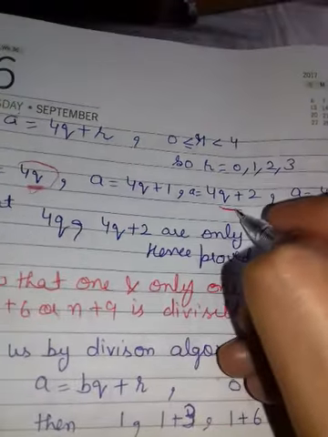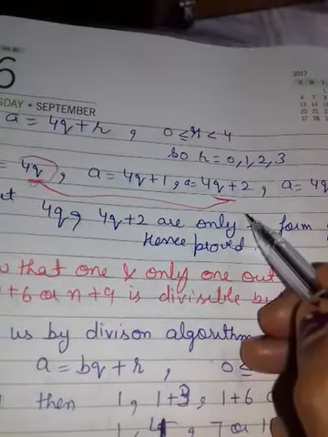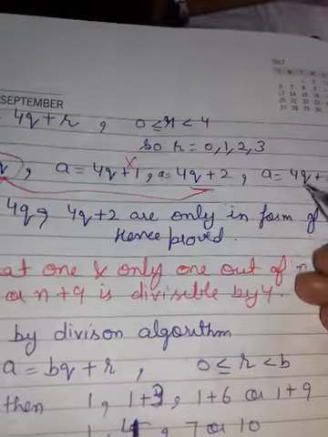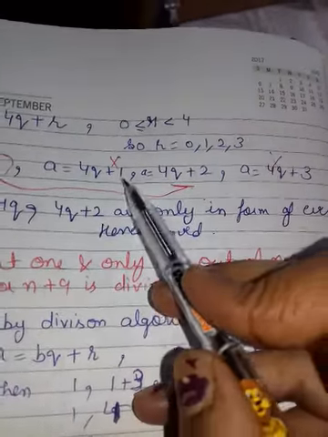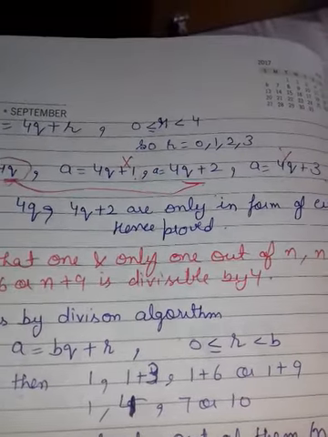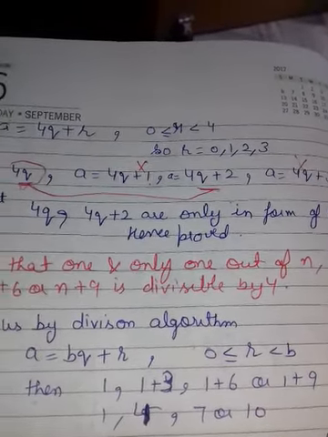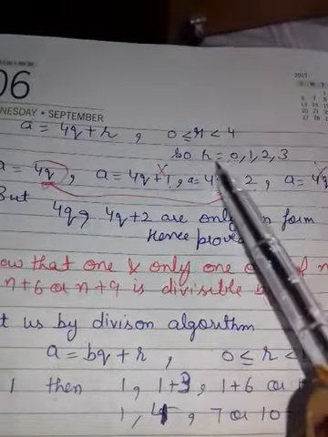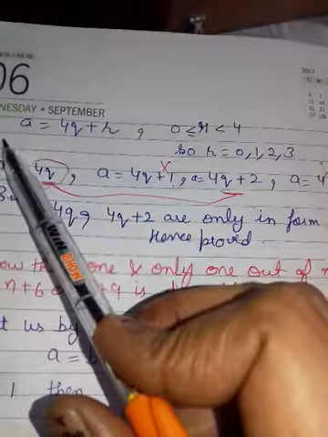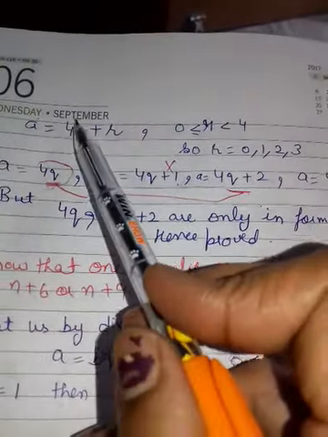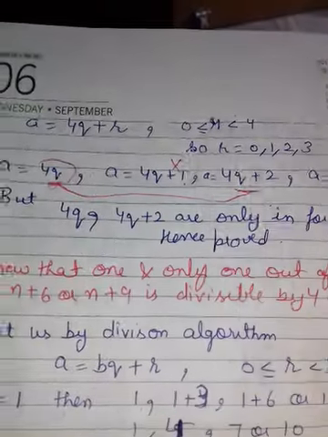So these two forms are always even, and q can be anything there. So the others are odd. If they are asking about odd, you will write those. By putting values of q, you can easily tell which are odd and which are even. Clear? But you will start from here. You get the b value from your statement, and r always starts from 0 and is always less than this number.